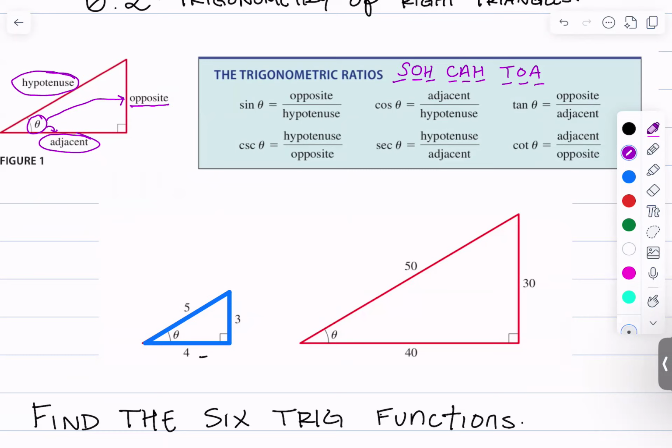The reciprocal ratio of sine is cosecant, which is CSC. The reciprocal value of cosine is secant, and the reciprocal value of tangent is cotangent. All right, so they just flip it to get that.